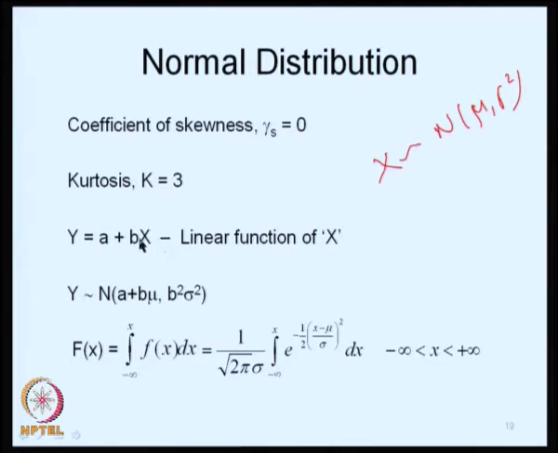If you have the random variable x, you should be able to obtain a linear transform of x, which also follows the normal distribution with parameters a plus b mu and b square sigma square. We use this result and generalize the integration for the normal distribution.